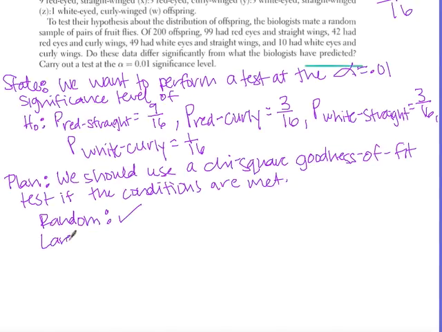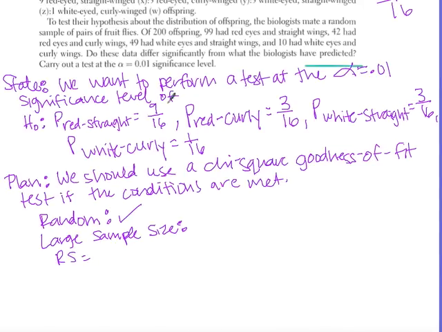The second is, do we have a large sample size? So to calculate that, we have to do what we expect each of the values to be. So let's do red and straight, and I'm going to represent that with RS.